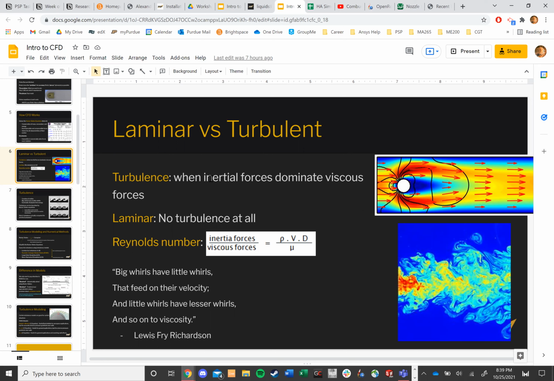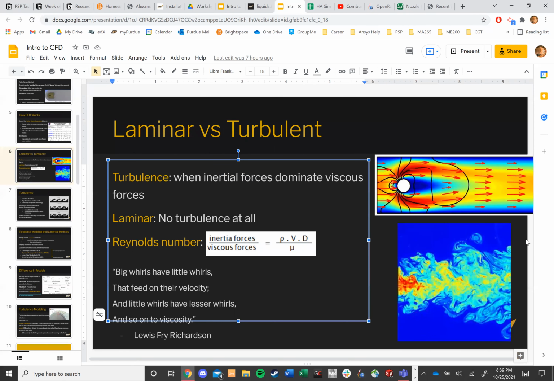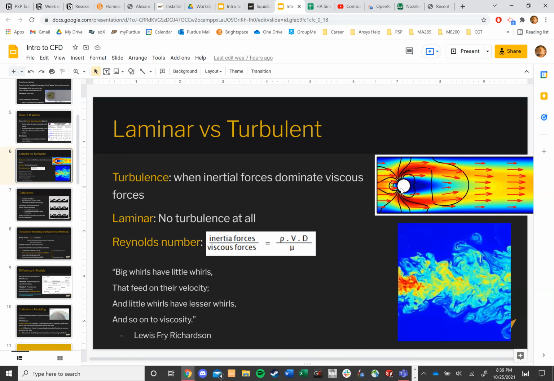So the turbulent flow is basically, by definition, when inertial forces dominate viscous forces. Inertial forces are the forces of the ball, let's say, or your rocket. It's kind of what force this object imparts onto this fluid. And the viscous force is what holds the fluid together. It's like how sticky your fluid is.